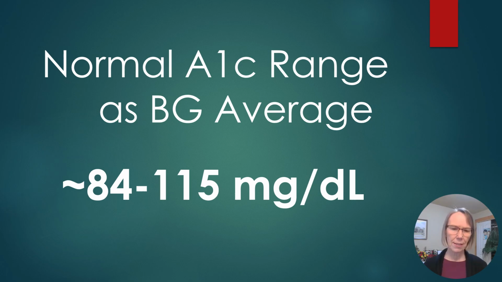The other thing that I just wanted to chat about a little bit is the normal A1c range and how that correlates to average blood sugar when diabetes or prediabetes or abnormal glucose tolerance is not present. So average blood sugars are 84 to 115. Our body naturally keeps glucose in an extremely narrow range.